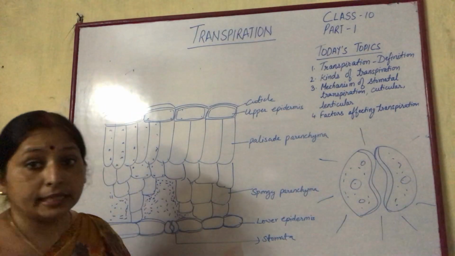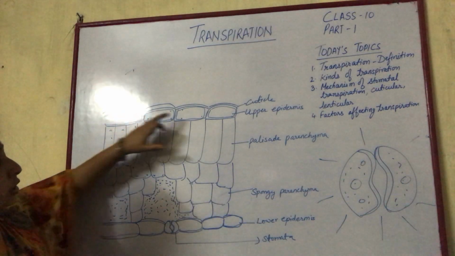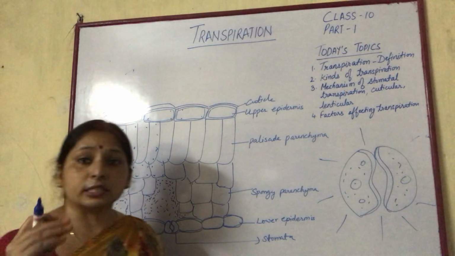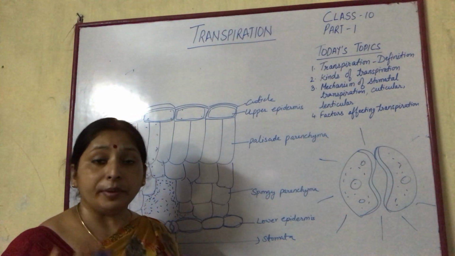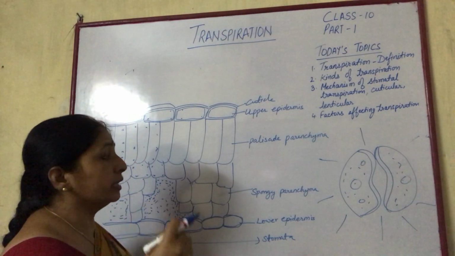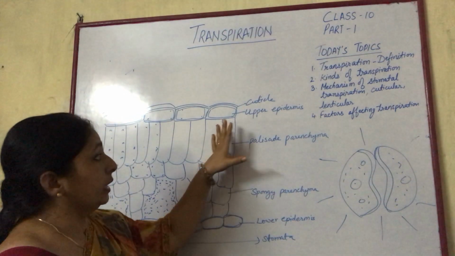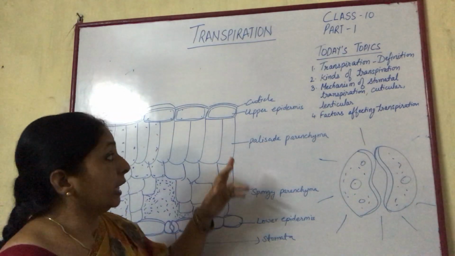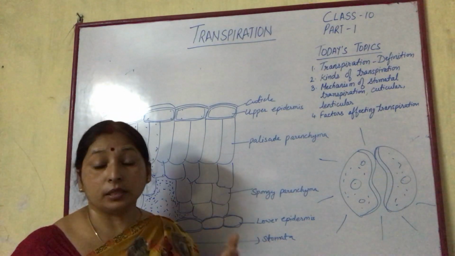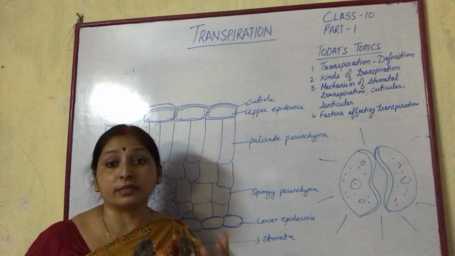Now, with the diagram, here is the cuticle. Cuticle is the thin waxy coating secreted by the epidermal cells. The waxy coating prevents the loss of water vapors through the surfaces, so it is a kind of adaptation. In xerophytic plants, the cuticular layer is very thick.